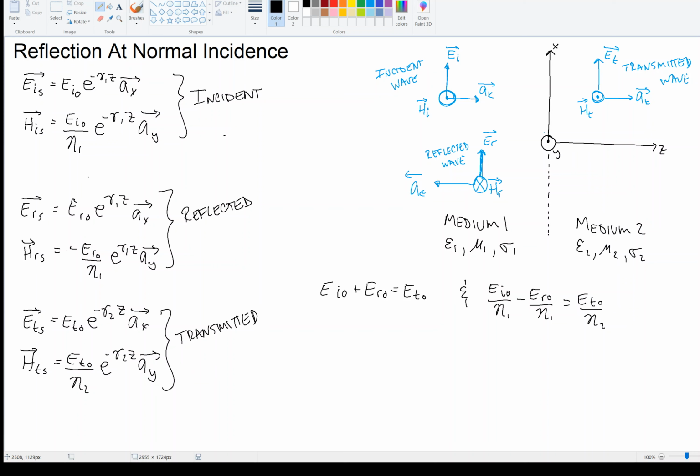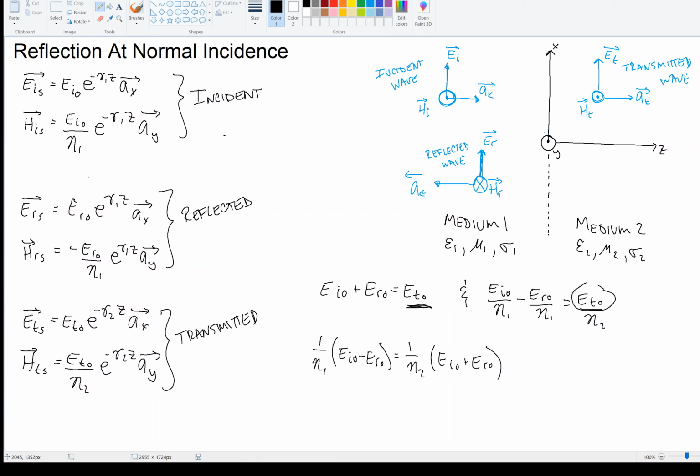Okay, so now what do I want to do here? I can put E transmitted in for this term, and that's going to give me one equation with just the incidence and the reflected. So we're just going to isolate the reflection right now. When I do that, I have this 1 over eta 1, if I factor it out, times this quantity here, equals 1 over eta 2, if I arrange some things a little bit.